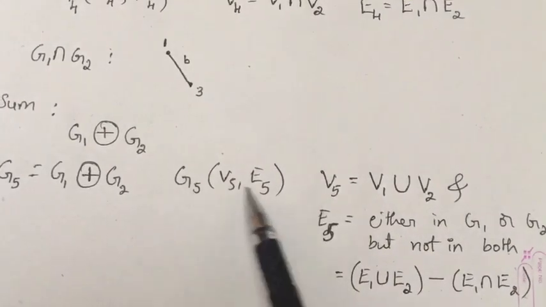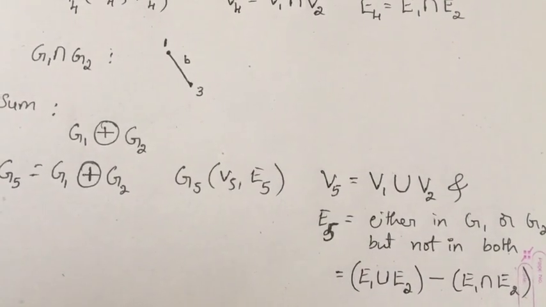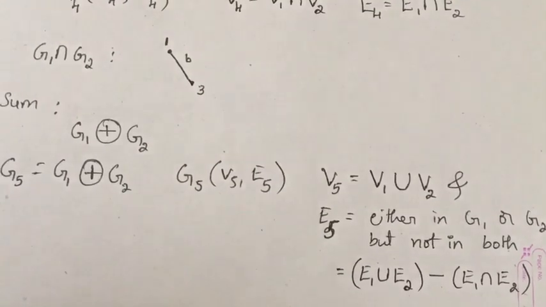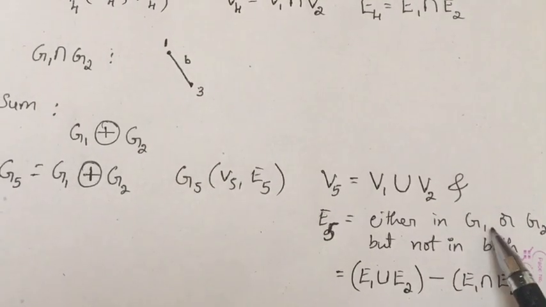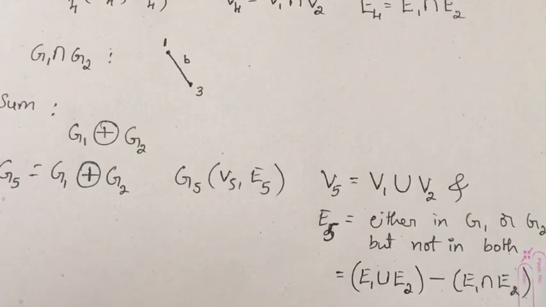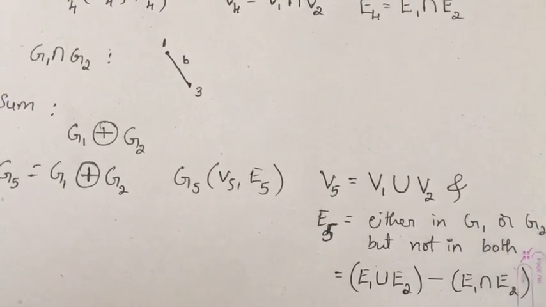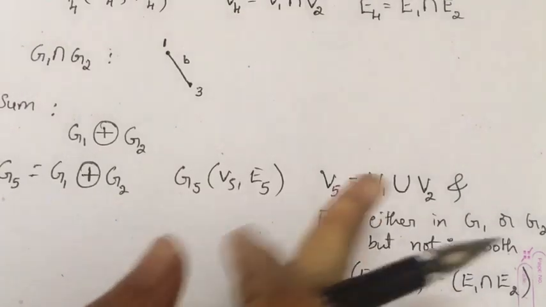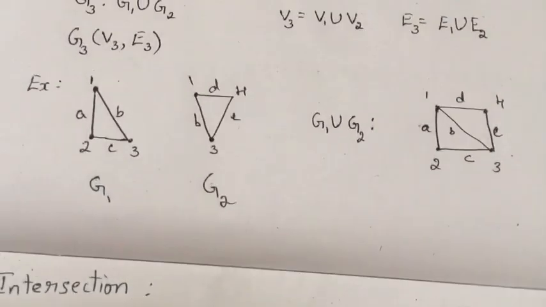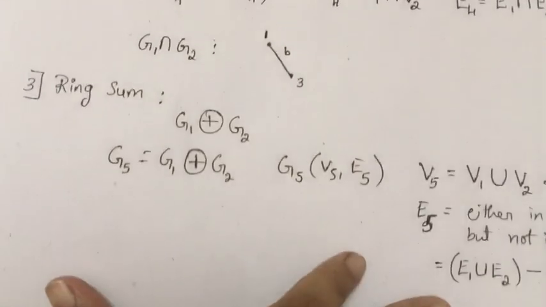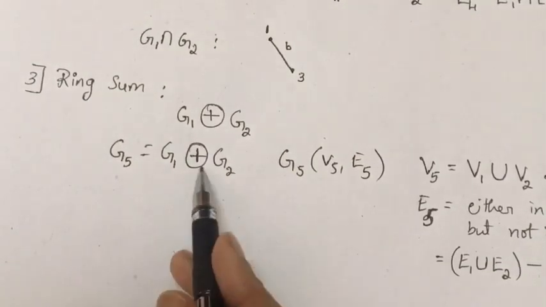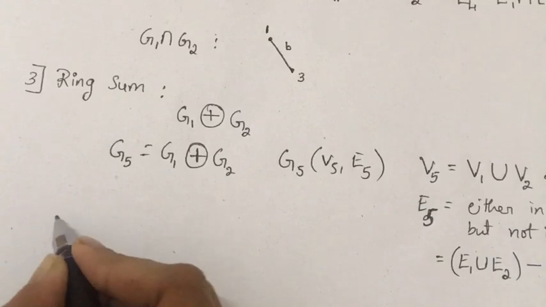The edge set for G5 is obtained by taking those edges which are in G1 or in G2, but I have to avoid the edges which are in both G1 and G2. For the same example, for the same G1, G2, I am drawing G1 Ringsum G2.